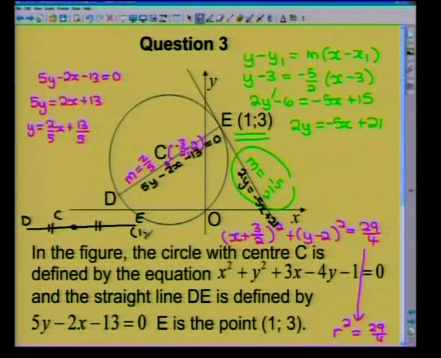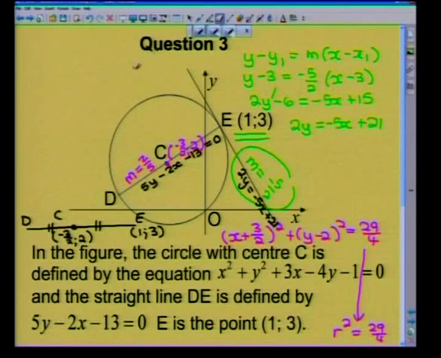So let's rather look at it this way. We know this coordinate is 1, 3. And we know that this coordinate is minus 3/2, 2. So to find D would be no problem if we use our midpoint formula. But of course, as you saw in the revision of our analytical, this would be like a kind of reverse use of it.